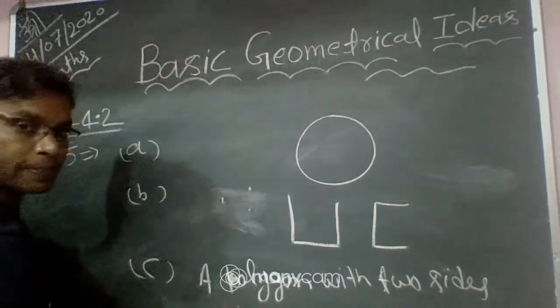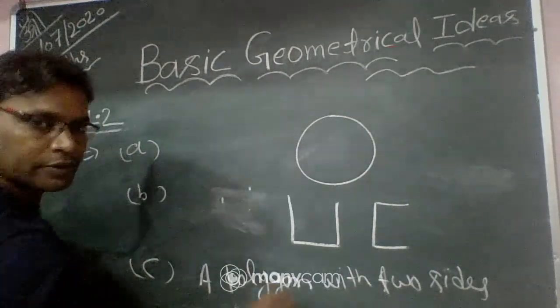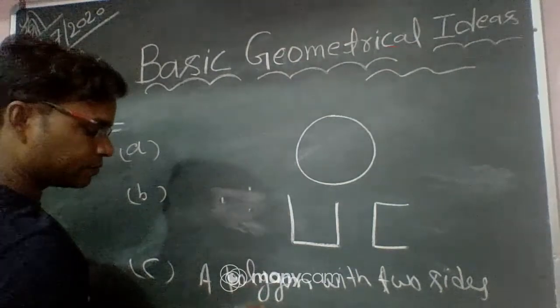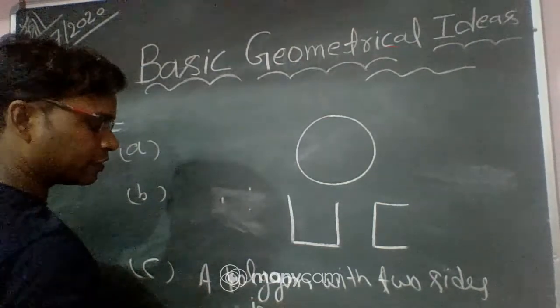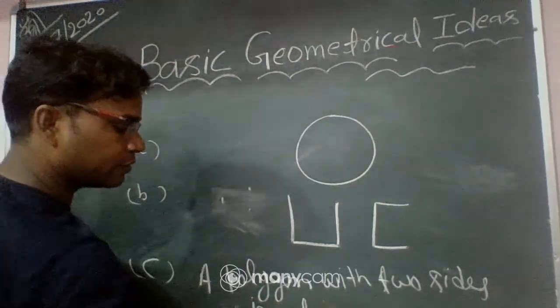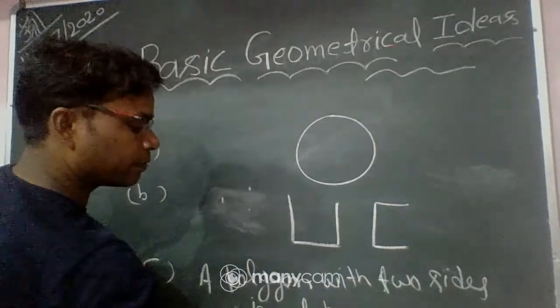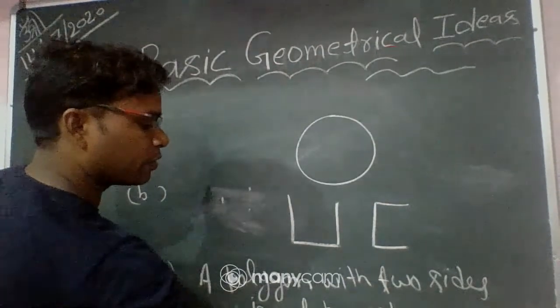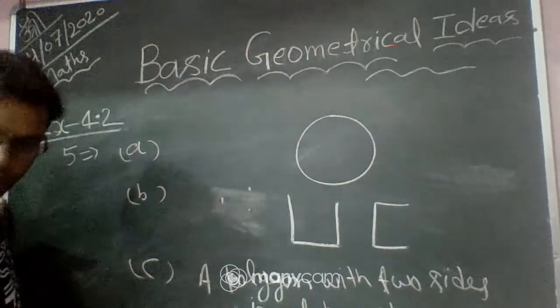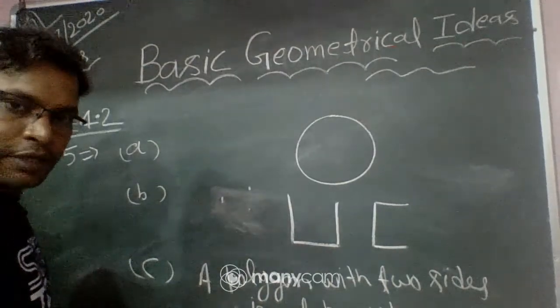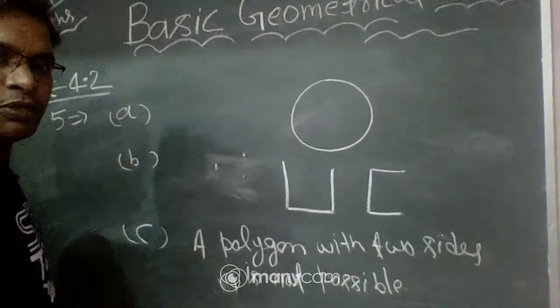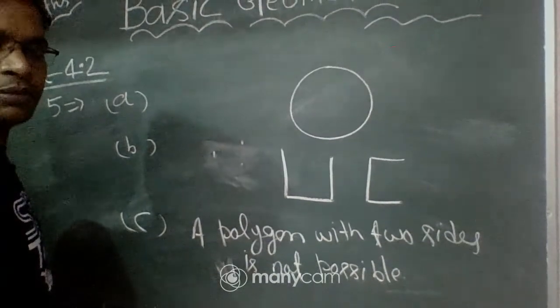Okay, so you can see the polygon with two sides is not possible.